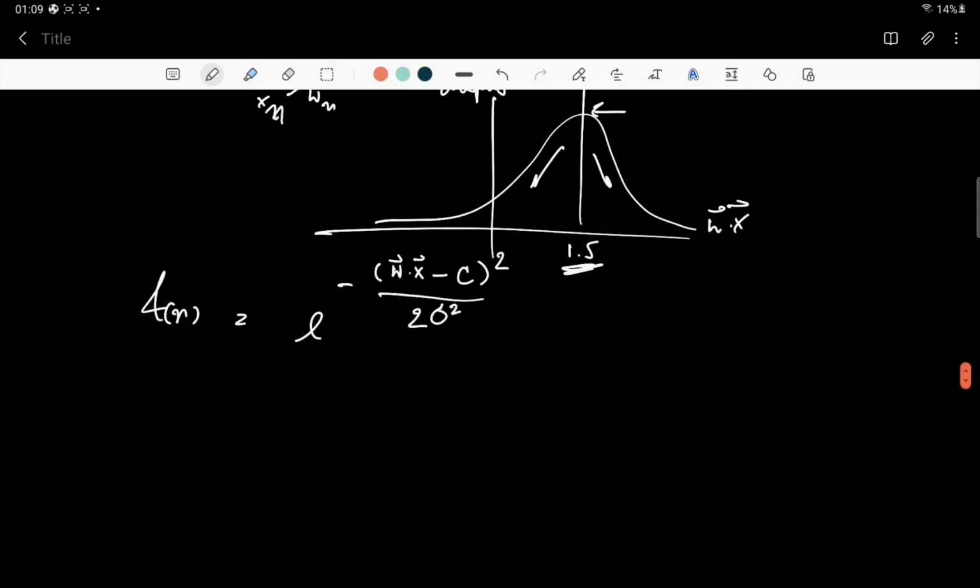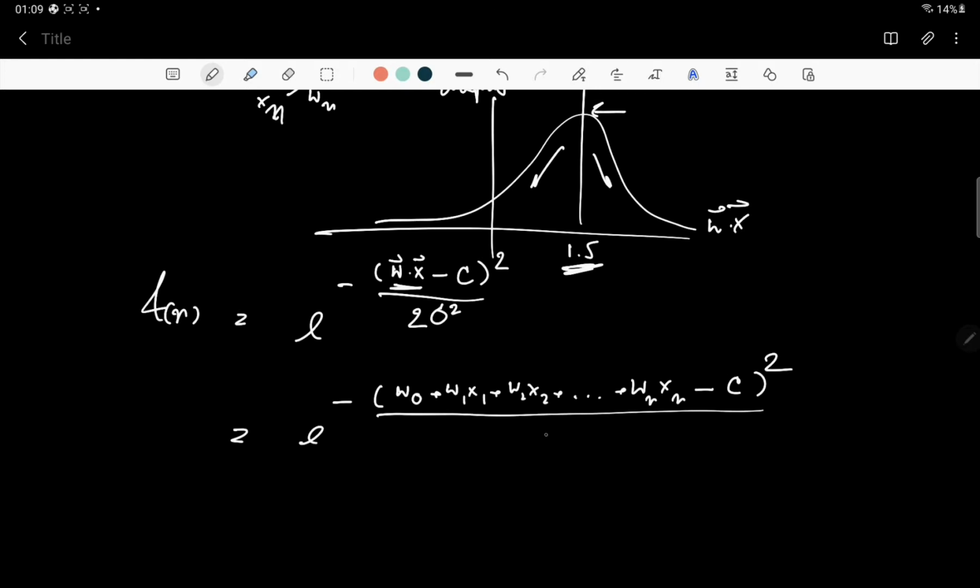It can be used because we have some flexibility here. That is, this one is w0 plus w1 x1 plus w2 x2 plus wn xn minus c, square, and divided by these values.